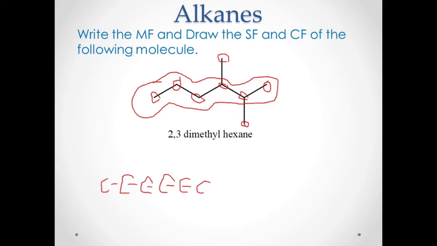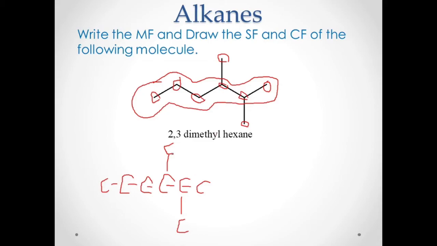Where is it? On the 2nd and 3rd carbons, counting 1, 2, 3, 4. There is a carbon attached here, and on the third is also another carbon attached. So how many carbons in total? 2, 4, 6, 8 carbons.